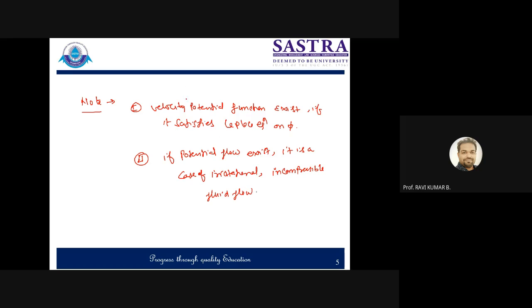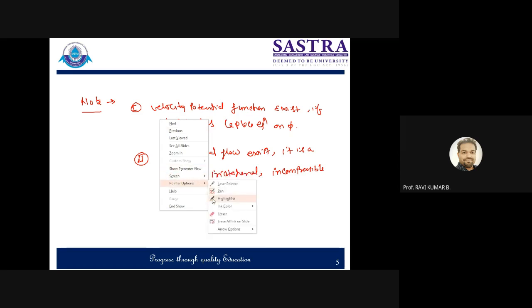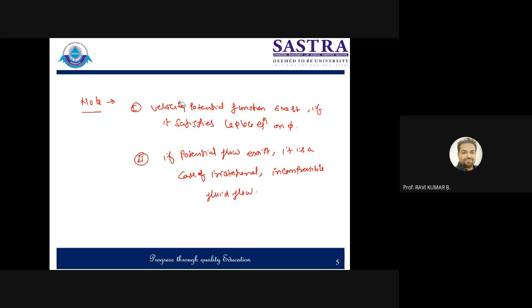So here also you can say potential flow exists, instead of this velocity potential function. You can say that it is a case. So you can delete this entire statement up to here.